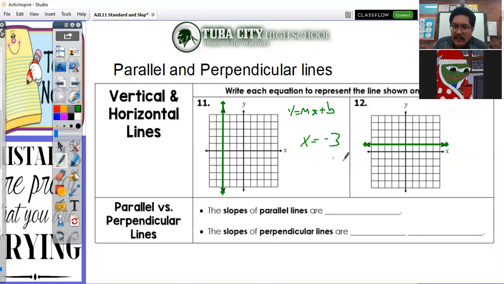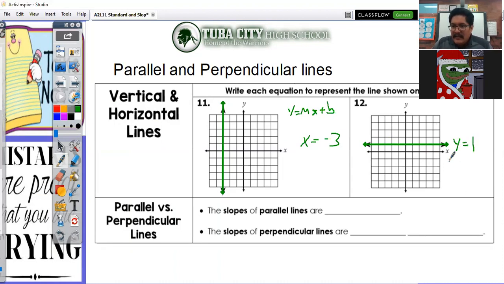And again, there's no y value in this one. Now for number 12, we have no x value, because you see that our line runs parallel to the x-axis, which means it's not going to cross. If we go forever in both directions, if I showed you my Desmos graph and we graph that, it's going to run parallel, which means it's never going to touch the x-axis, which means there is no x number.